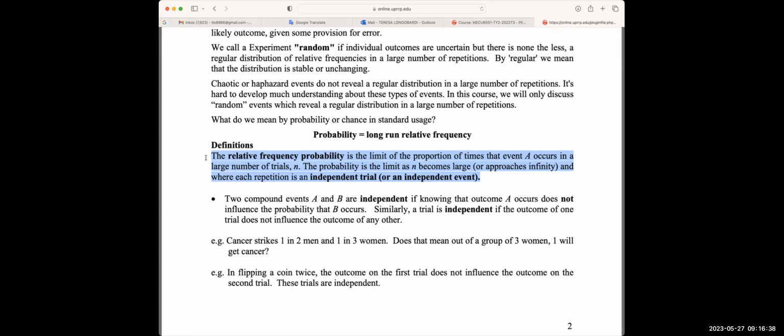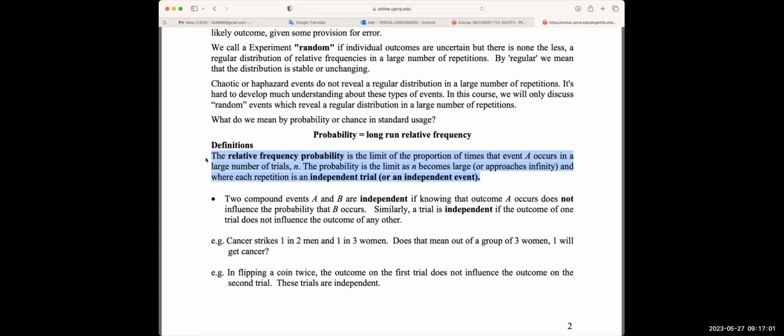You flip it again, and the circumstances are assumed to be the same, and you flip it again. This is an example of an independent trial, that each time you observe, it doesn't affect the probability of seeing a head on the next flip.